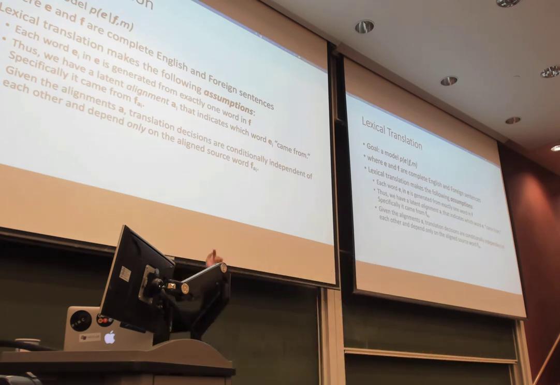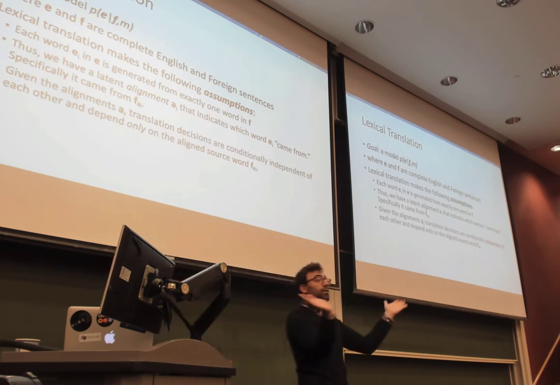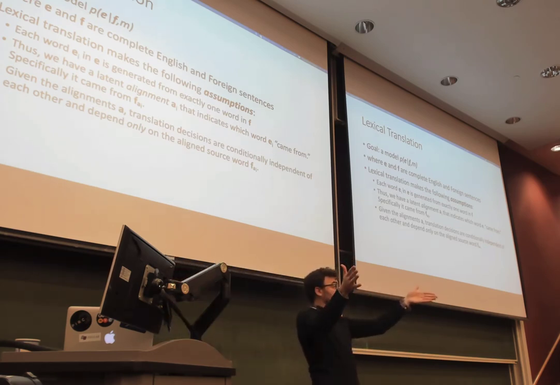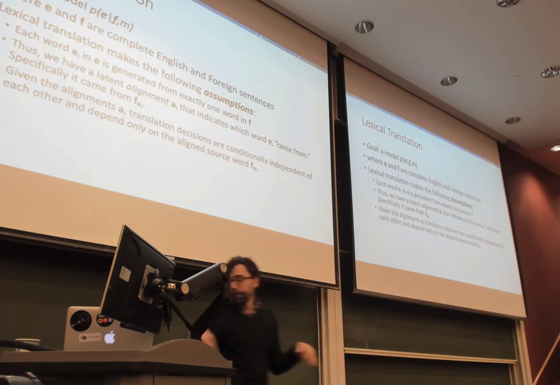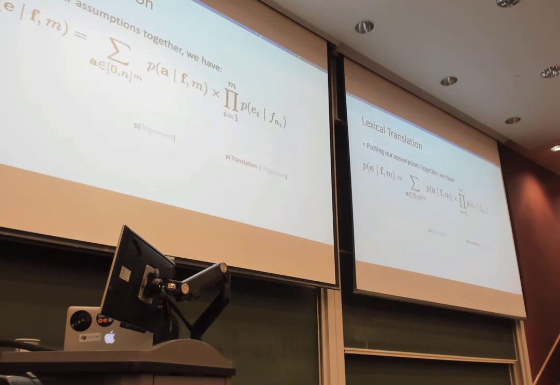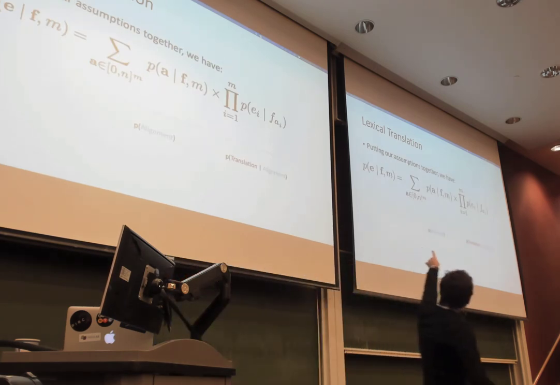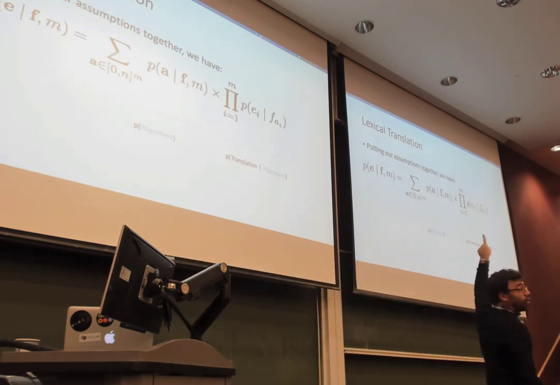So we have this alignment, and then essentially, if we have all of these alignments for all of the English words that are in the target, then the probability of that particular word, if we know where we're generating from, is independent from all the others. Essentially, this looks like that. On the left side, we have again going from French to English, given the French sentence, and we also have our model.